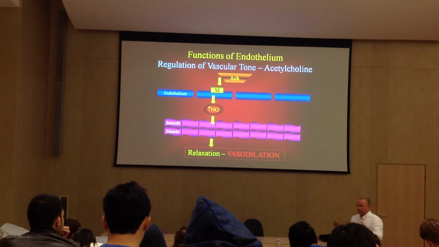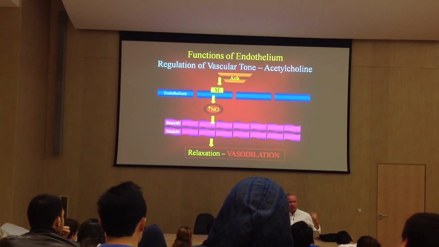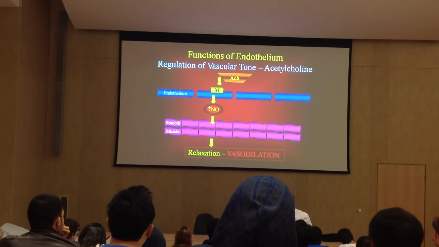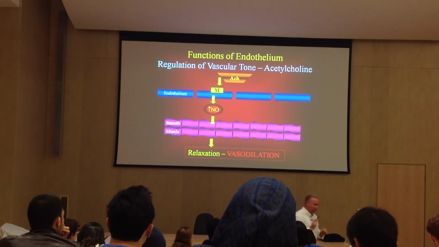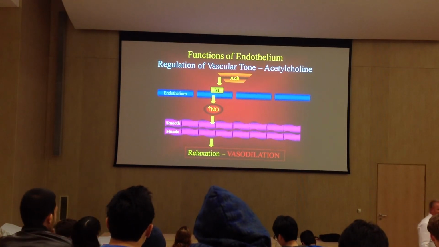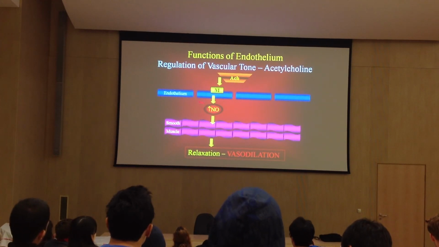However, due to the M3 receptor activation, we have nitric oxide release. So if endothelium is there, does acetylcholine bind to the smooth muscle cell? Not really, but it binds to the endothelial cell, and the nitric oxide will perform acetylcholine-induced endothelium-mediated vasodilation.